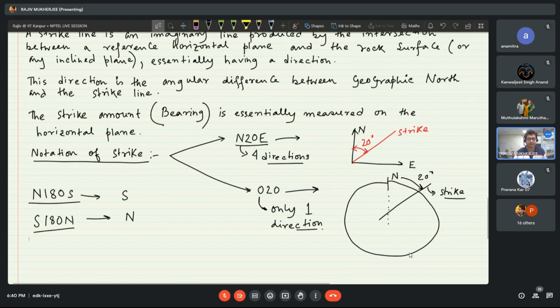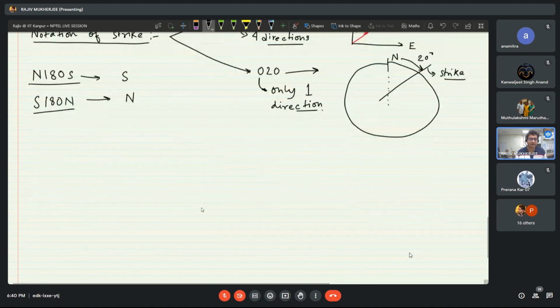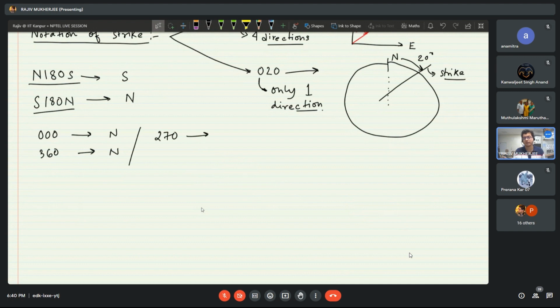And similarly, if I say 000, that would mean north. 360 would also mean north. 270, which direction will it be? West. West, exactly. 090 would be east, and 180 would be south, right?